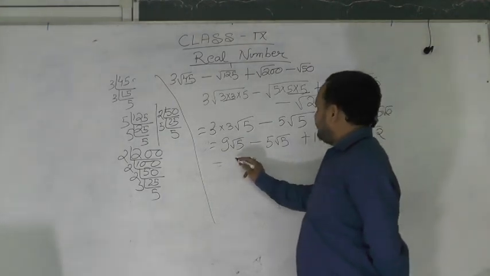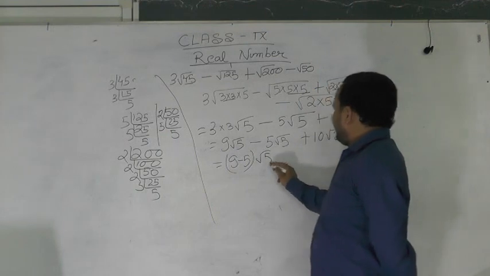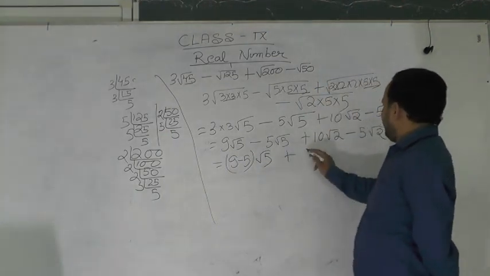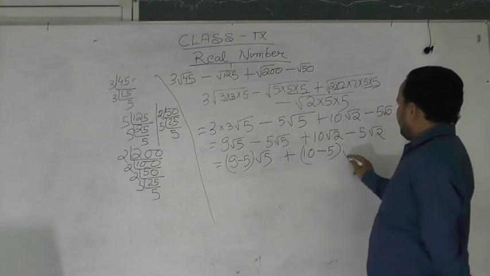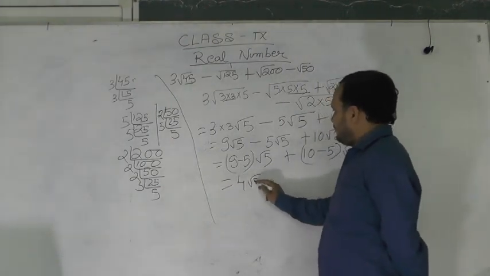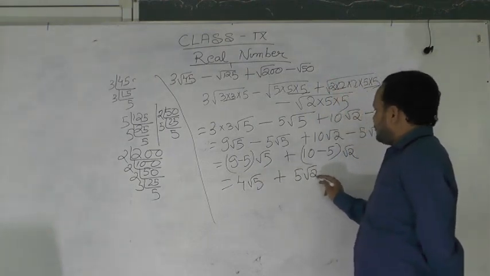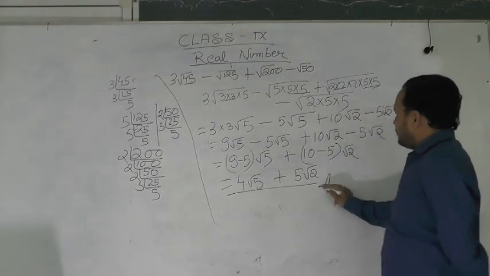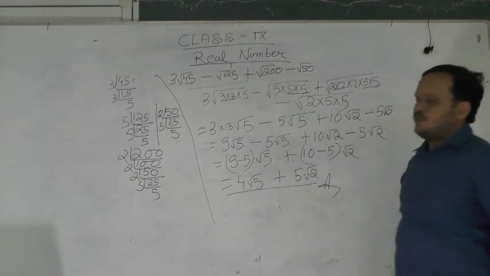Taking out common root 5 in the first two terms, 9 minus 5, and also root 2 in the last two terms, we get the result 4 root 5 plus 5 root 2. This is the final result of the simplification of this type of question.